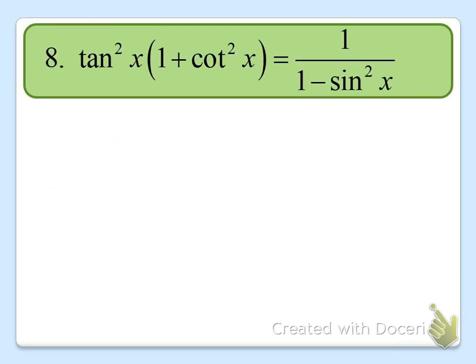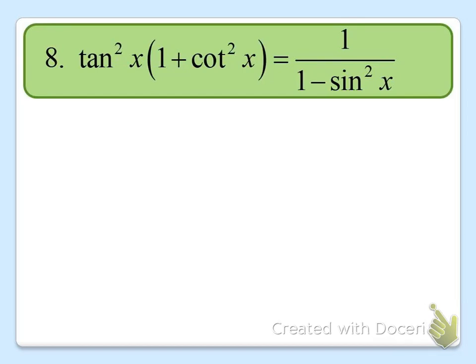Last one, and see if we can't pick up a new strategy from this guy. Okay, left side, right side. The left side seems to have more stuff in it, so maybe I want to go there. How do I make that look like the right side?